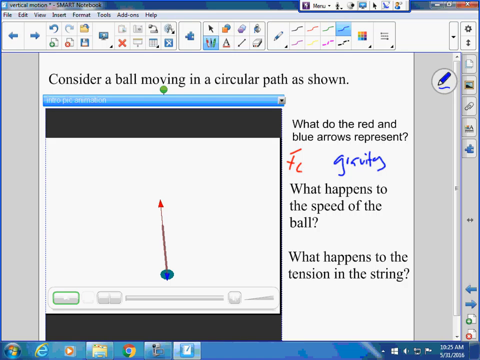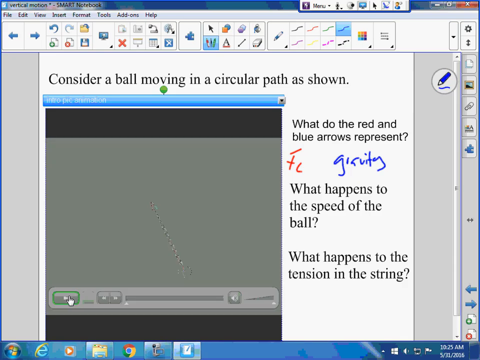What happens to the speed of the ball? You may not have noticed. Look again. Does it change? Where is it going slower? Yeah, it's going to slow down on the way up as it's fighting gravity.